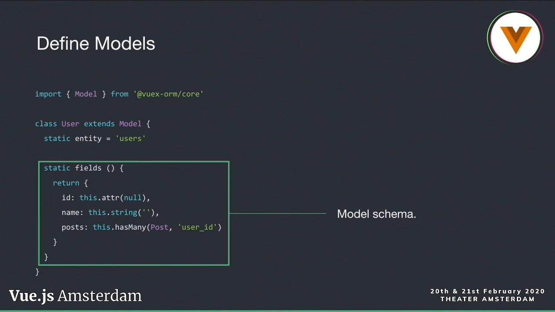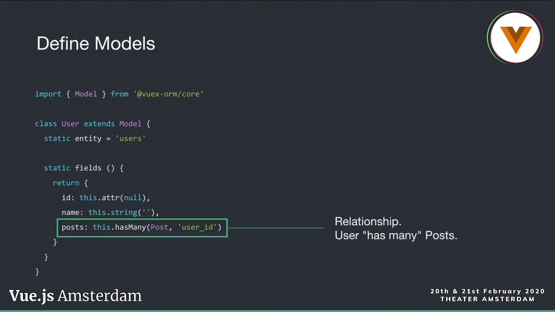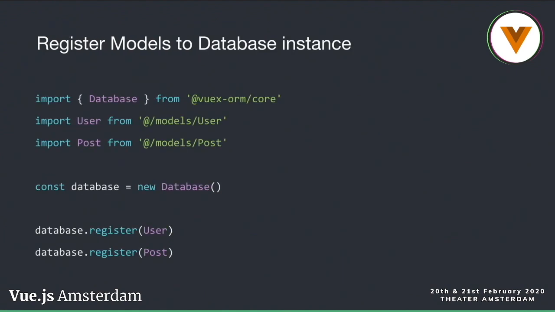And the key here is that you can define relationships to a model. In this case, the user has a relationship to post, which is a has-many relationship. So a user has many posts. And once you define your model, you have to register it to the database. To do that, import database from Vuex ORM, create a new database instance, and register your models through database.register.